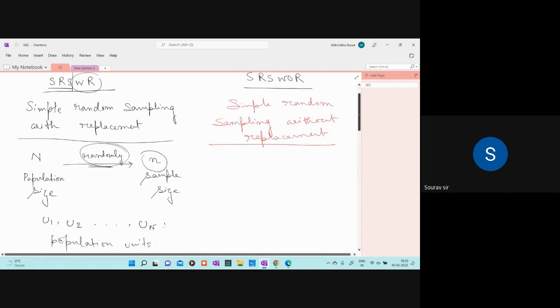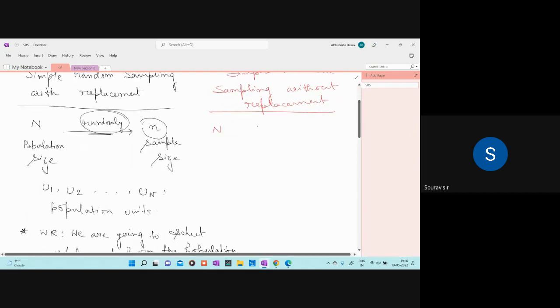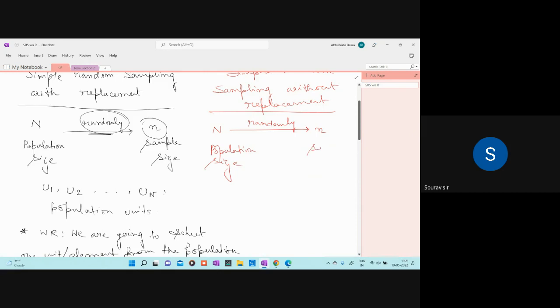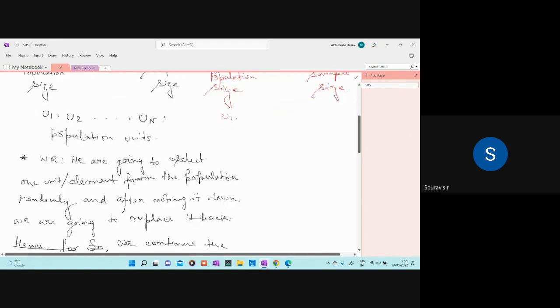So the same concept: from capital N, we are going to choose small n randomly. This is my population size, this is my sample size, and suppose these are my population units. You may not define this thing; it's okay if you don't want to mention it.